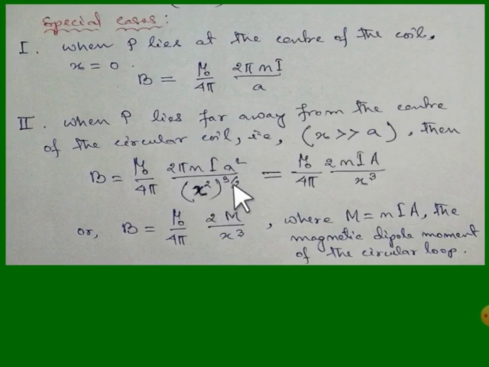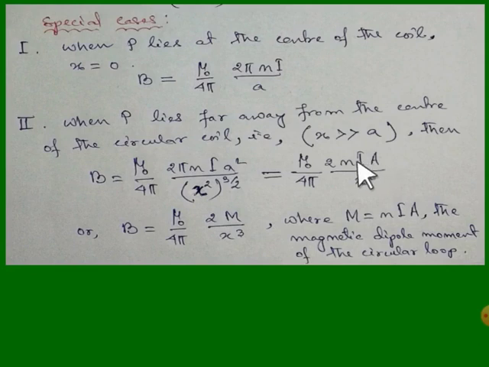So this square and square root will cancel, and in the denominator x cubed will be there. This πa² is the area of that circular coil, so instead of πa², you can represent it by capital A, where A is nothing but the area of that circular coil.